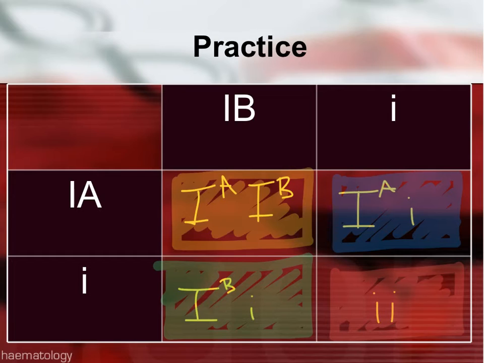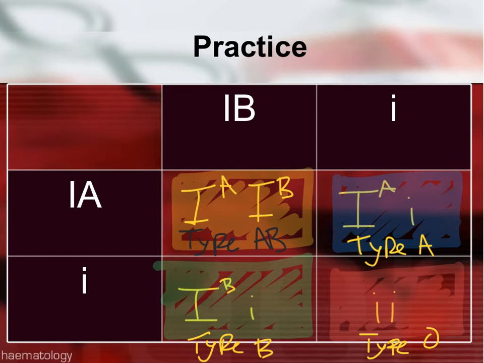And so the child could have 4 different blood types. And I've written them down for you. Type AB, type A, type B, type O, and it's a 25% chance of getting any of these blood types.